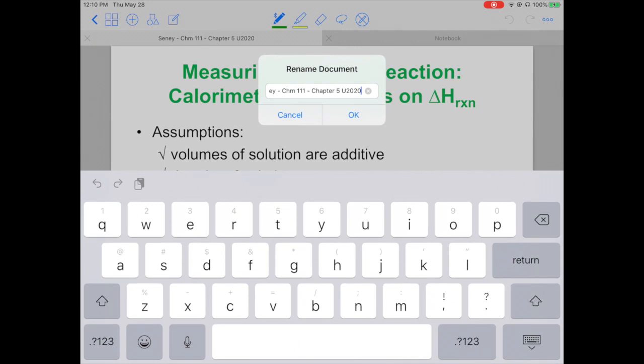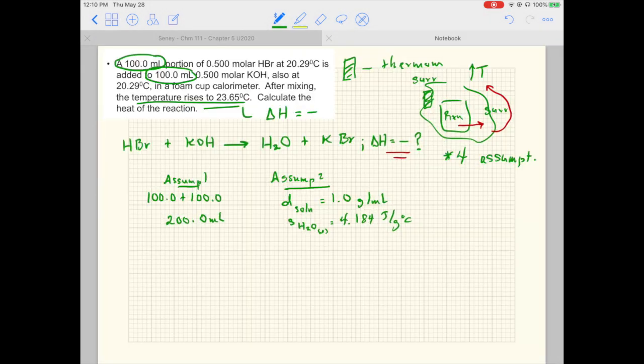So let's come back to my problem. And when we look at the problem, let's see if we can come up with this. So now we know that we have a specific heat. It tells me that we've now got to use Q is equal to M times S times delta T. So again, we're looking for Q that we can ultimately adapt and find delta H. Mass of the solution, because now we have a solution of KOH and HBr.